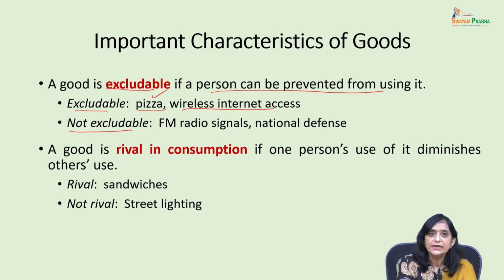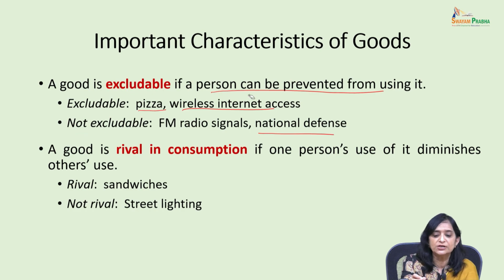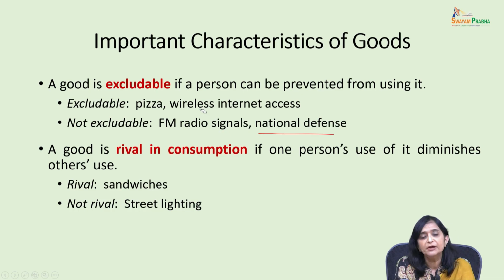Non-excludable means that even if you want to, you cannot prevent people from using that good. For example, national defense. If somebody is not paying for national defense, we cannot say that you will not be defended from enemy action against this country. So those goods become not excludable.